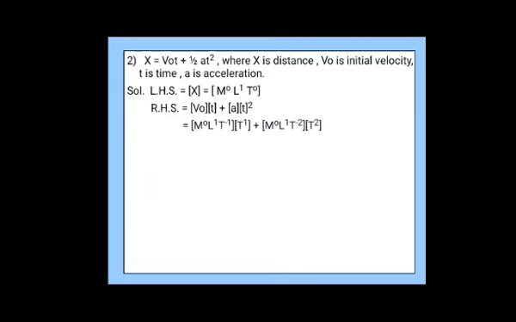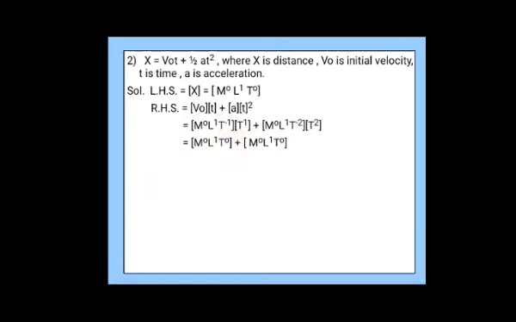Okay. So you will get M raised to 0, L raised to 1, T raised to minus 1 into T. Into T is T raised to 1. Okay. Now acceleration, M raised to 0, L raised to 1, T raised to minus 2. Next one is T square. So here it is T square. Okay, now simplify this one. You will get M raised to 0, L raised to 1. This T raised to minus 1 and plus 1 is 0.